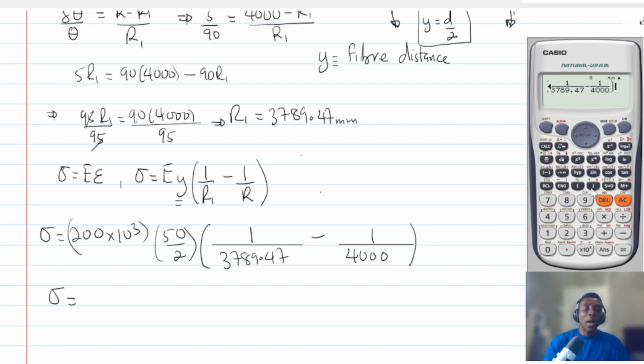So that is it: 69.44 Newton per millimeter square. In other words, in terms of megapascal, 69.44 megapascal. So that is the bending stress.